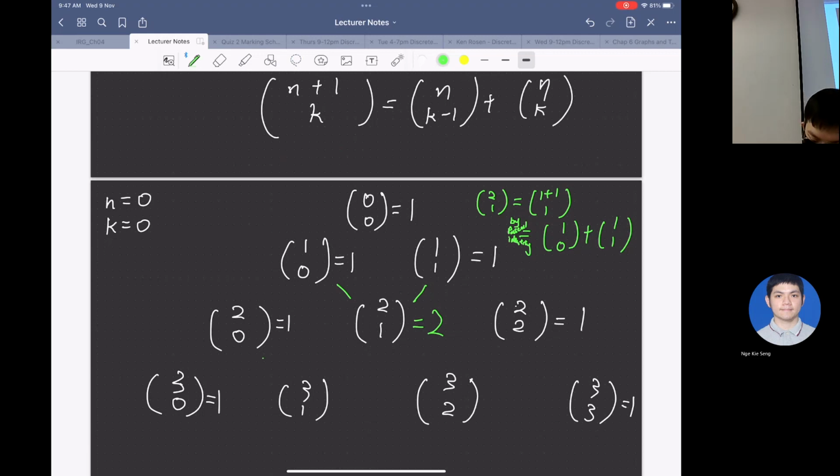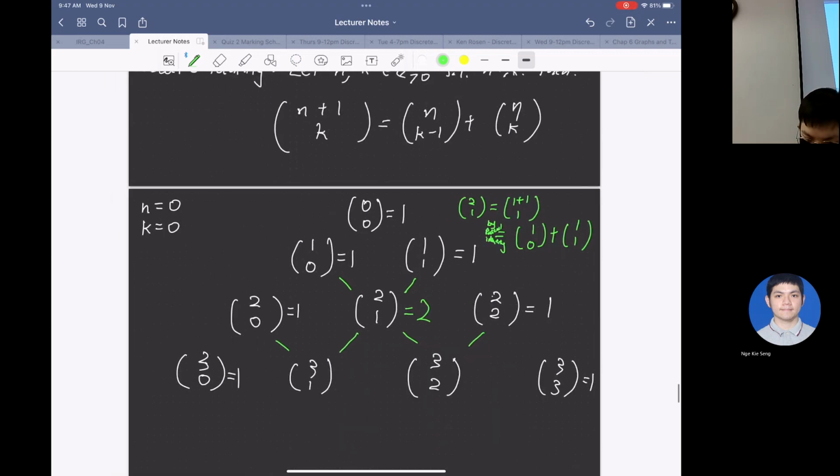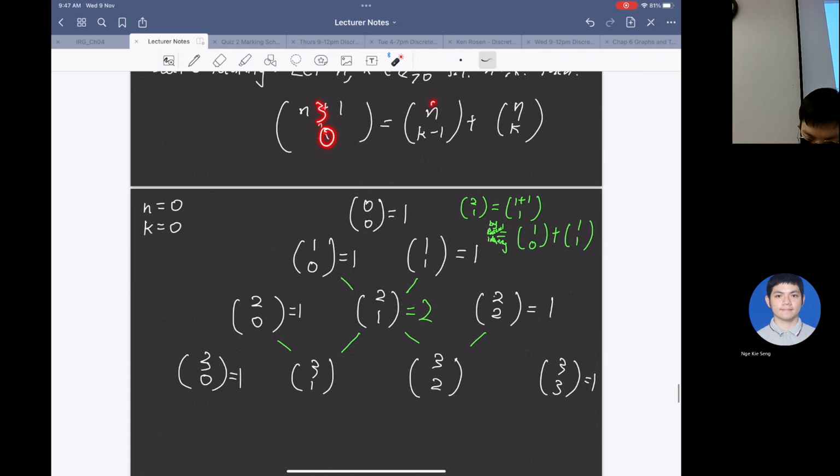And now to compute 3 choose 1, sorry, 3 choose 1 is 2 choose 0 and 2 choose 1, which is this one. 3 choose 2 is, n plus 1 becomes n, and then k, and then n minus 1, so it becomes 2 choose 1 plus 2 choose 2.